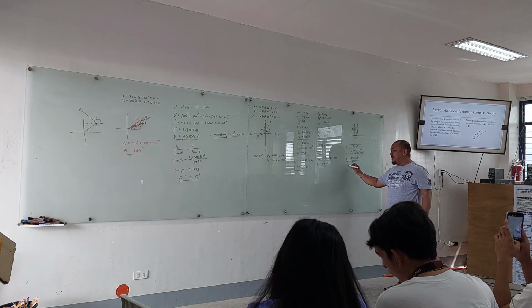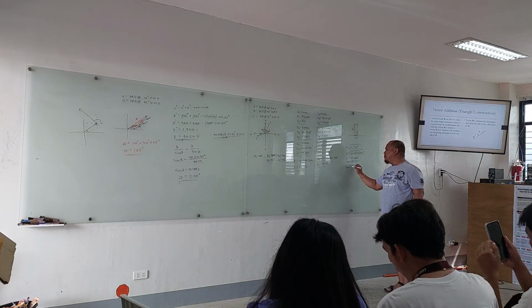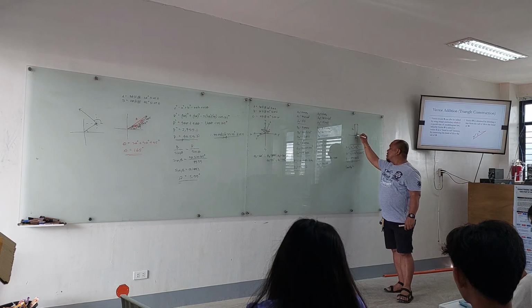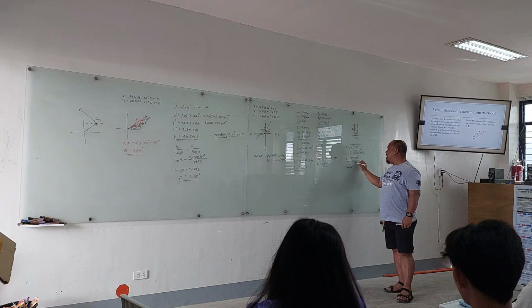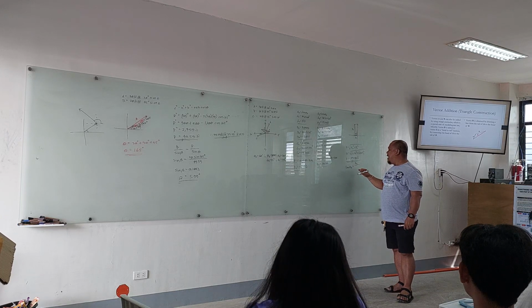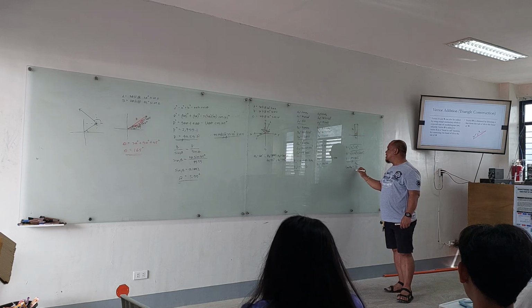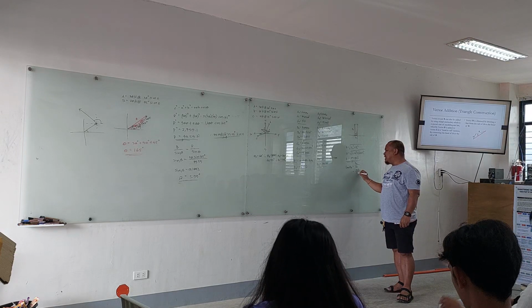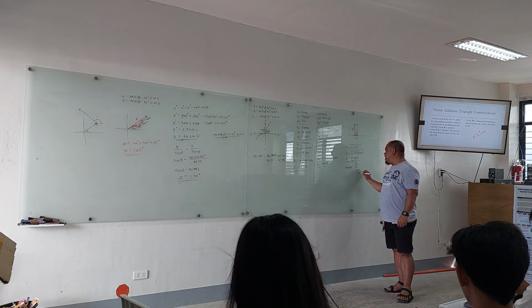So we have tangent of theta R is just equals to opposite Ry over Rx, which is equals to 29.17 over negative 6.56.